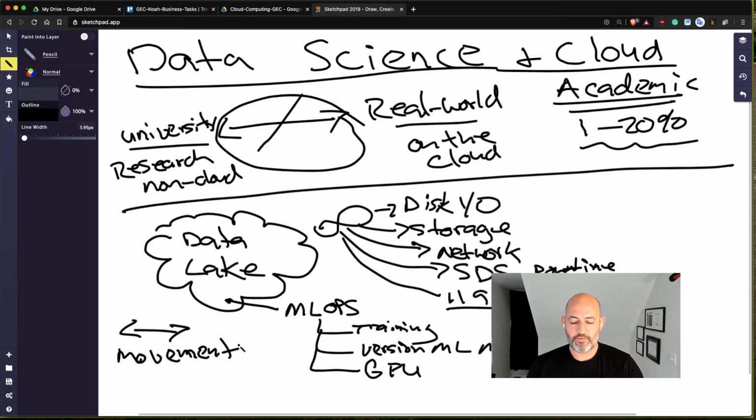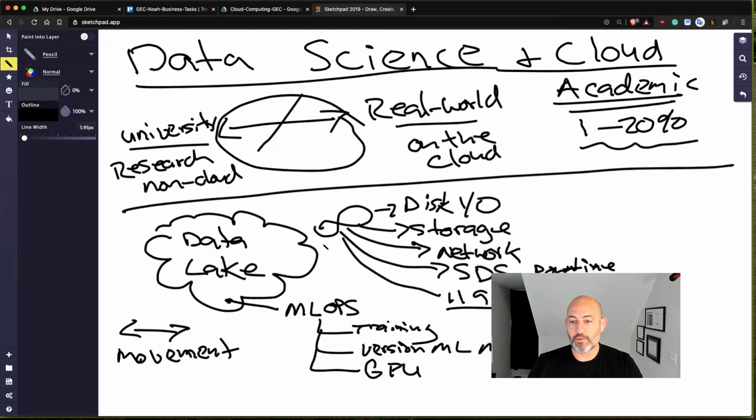Again, as I mentioned before, even most elite universities have not approached cloud computing for data science. Now, I think it's happening. It's going to start happening very quickly for many reasons, but there's a huge advantage for students or for people in industry to be an expert in data science and cloud computing, because there are very few true experts.